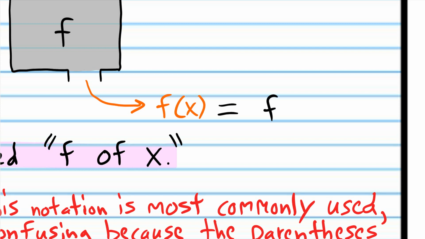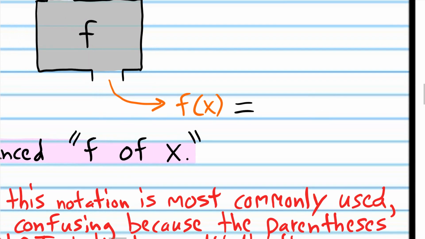So it seems that we're multiplying f by x, but that is not the case. So we're violating the rule. The rule is when you see parentheses, that indicates multiplication. This is a violation of the rule, because now this does not mean multiplication.